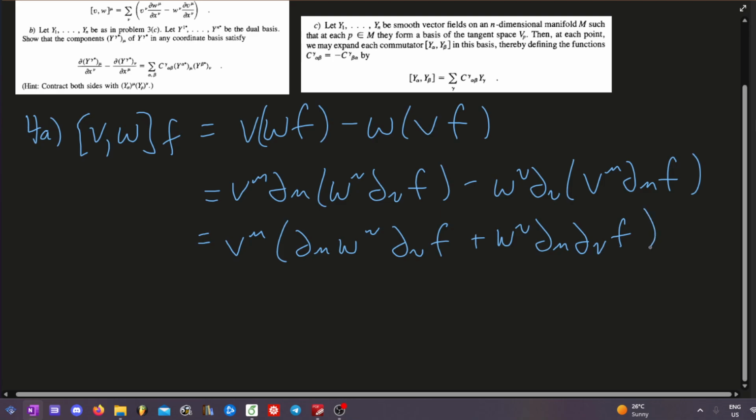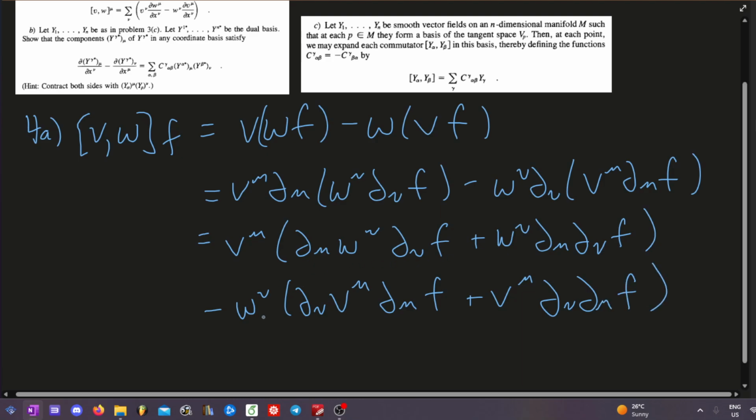Then we have our minus term with w^nu up front, and the same thing, two terms: the first one like this, and the second one with v^mu out front and both derivatives acting on the scalar function f.